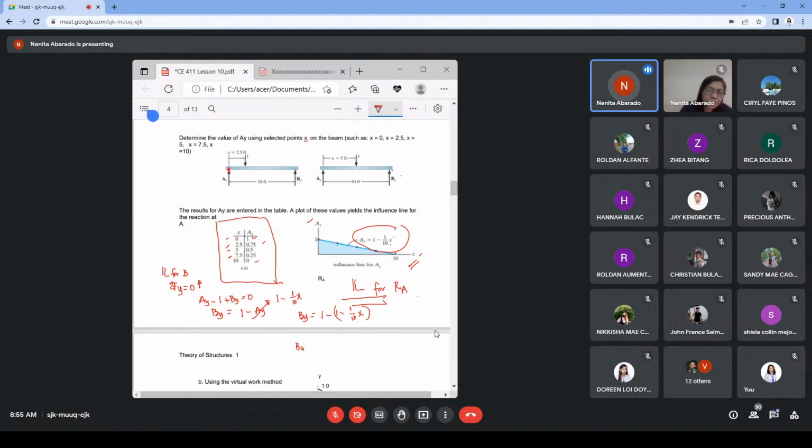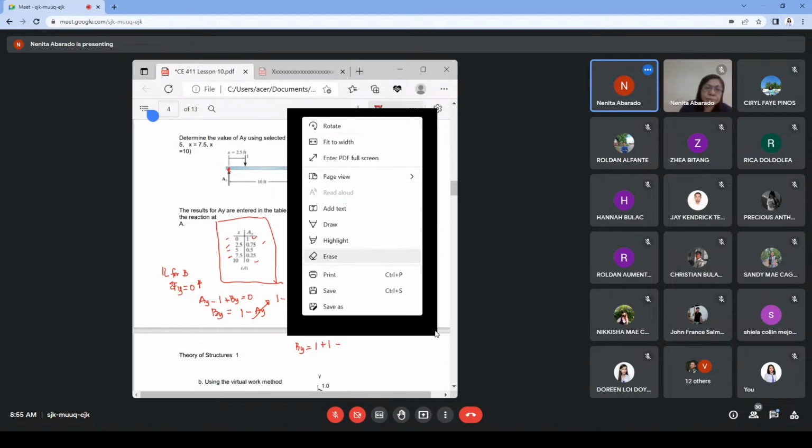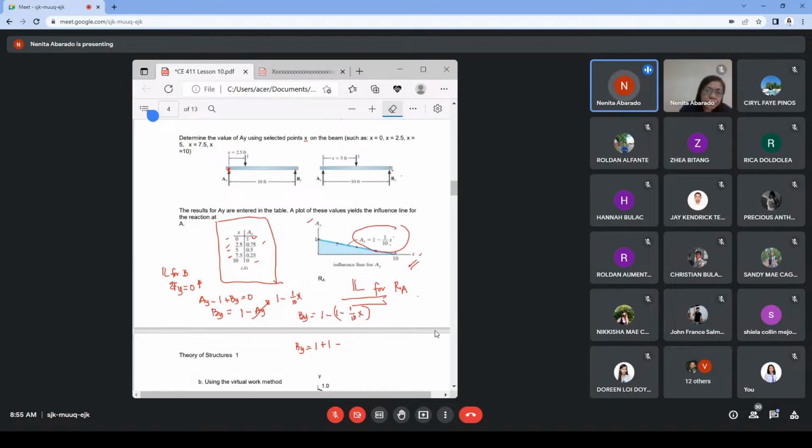Therefore BY is equal to 1 minus 1 plus 1 over 10x. The 1s cancel. So our BY is equal to 1 over 10x.